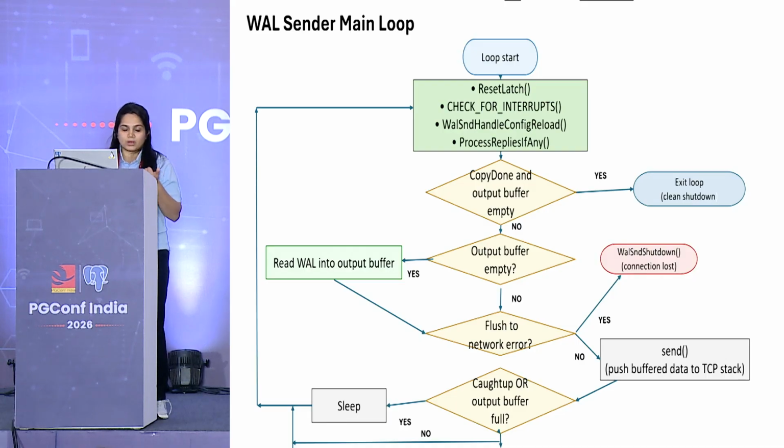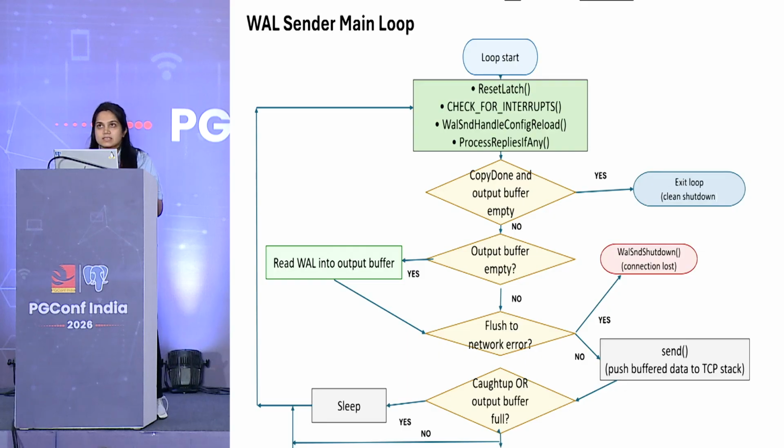There is also a case where this WAL can be read from the buffers as well if they are not flushed to disk. So the read-WAL-into-output-buffer logic first checks if the WAL is available, not already flushed to disk. It reads from there, otherwise it reads from the WAL files.